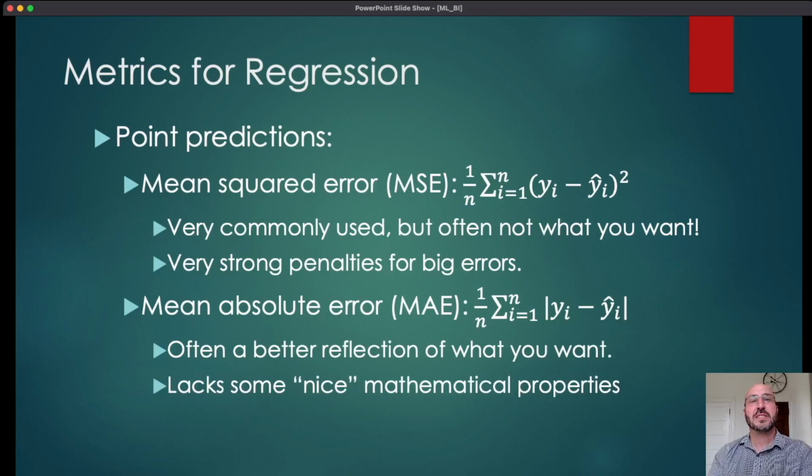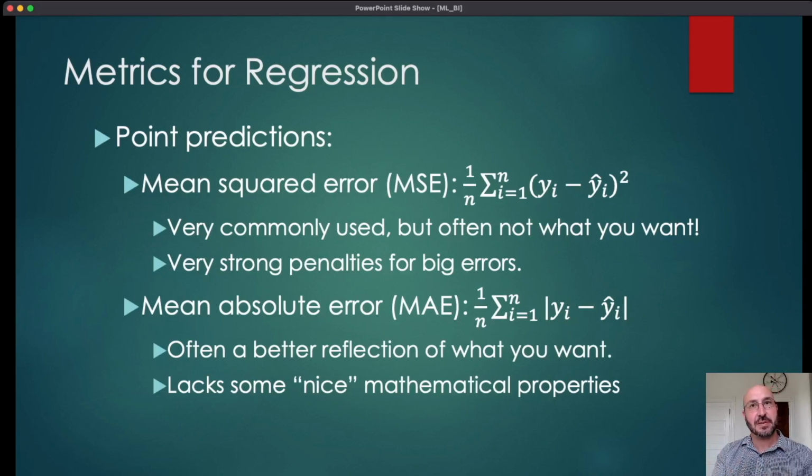But one of the reasons why mean absolute error is not used as much as mean squared error is that it lacks some of the nice mathematical properties that mean squared error has. Mean squared error has lots of very nice mathematical properties, which is why it is used so frequently as the training metric. If we go back to linear regression, when you use mean squared error, the math of linear regression works out very nicely.